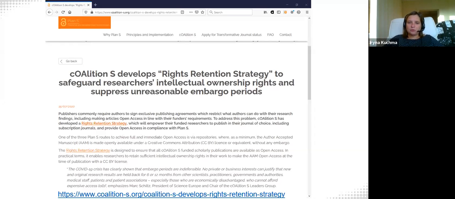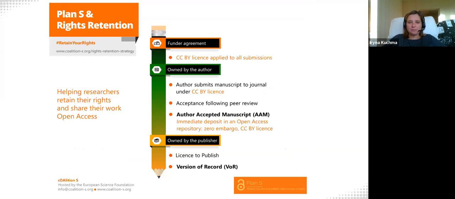They issued a call, which they called the Rights Retention Strategy, to safeguard researchers' ownership of this postprint version, and to try to suppress unreasonable embargo periods.